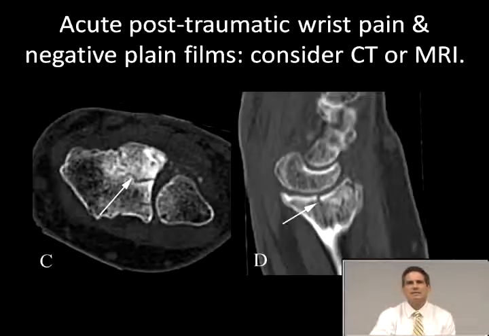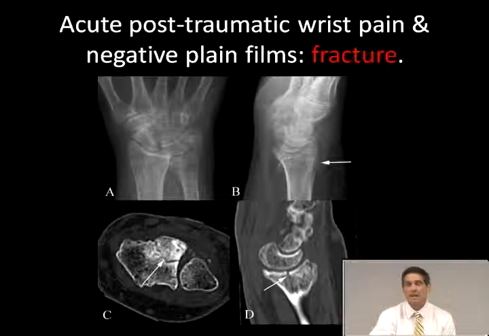And on the CT study, the axial and sagittal reconstruction views demonstrate the fracture line, and it is intra-articular, although not severely displaced. So again, CT showing a fracture pretty easily, which was hard to see on plain films, as seen on this composite view here.